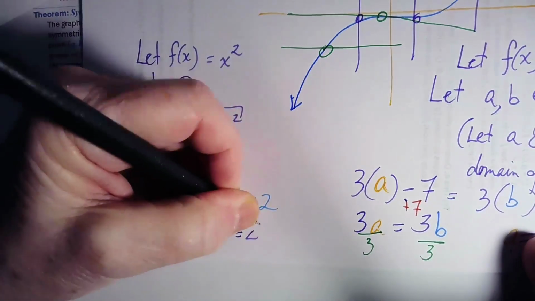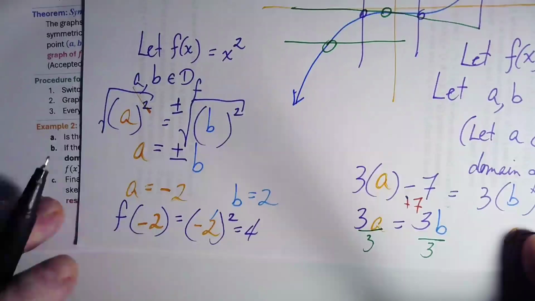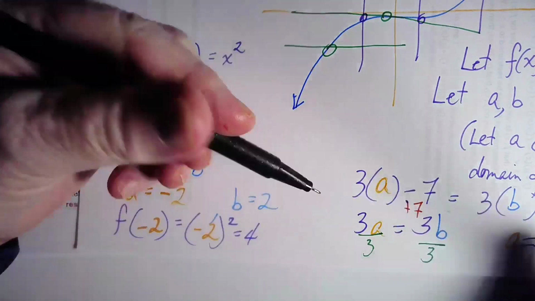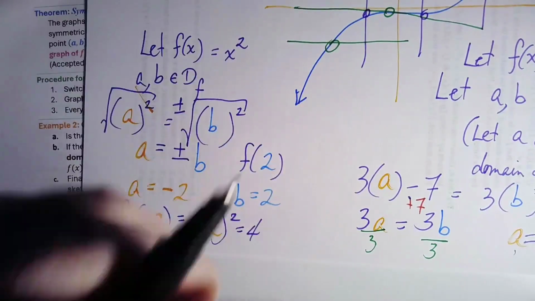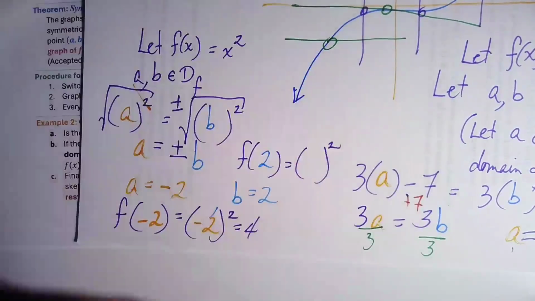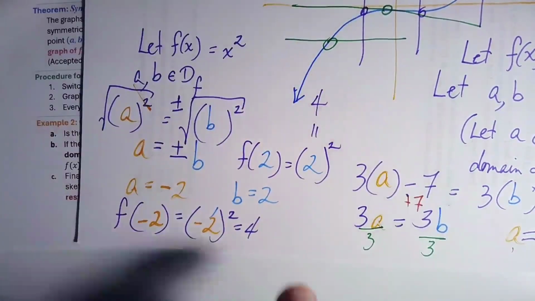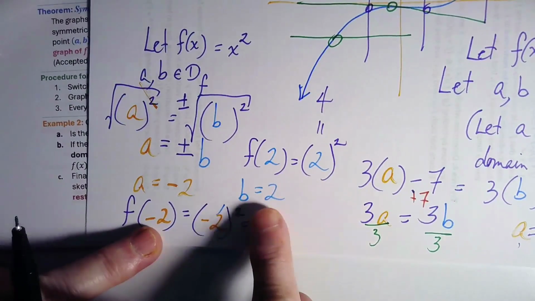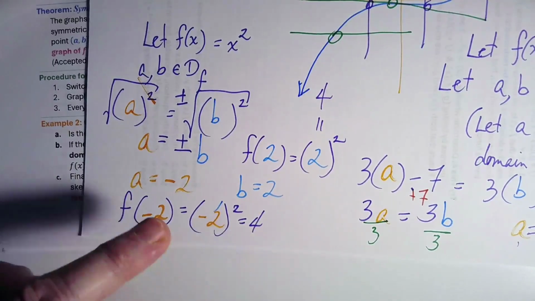Yes, 4. Good. Negative times a negative is positive. 2 times 2 is 4. And what do we get if we play that same game with b? f of 2 is 4. Yes, that's right. So two different elements, -2 and +2, give the same y value. And that's what we don't want.